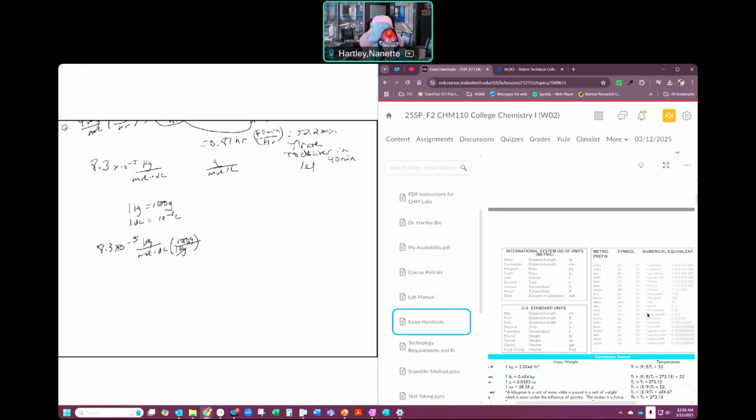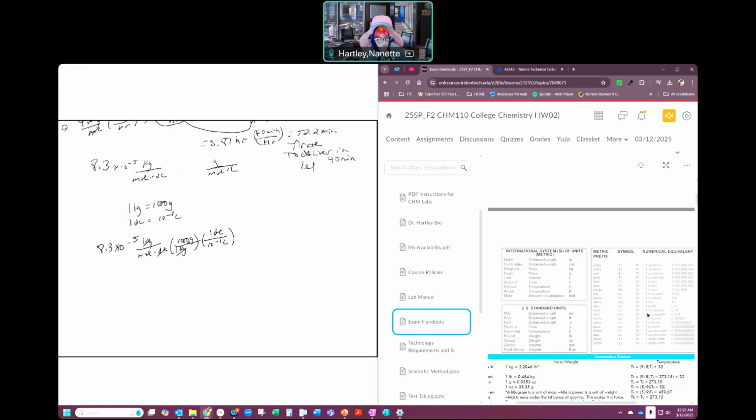Okay. And then, of course, I want to get rid of the deciliters. So 1 deciliter is equal to 10 to the minus first liters. And so that will cancel the deciliters and leave me with liters on the bottom. So I can run those happy numbers. I say 8.3 second EE to the minus 5th.